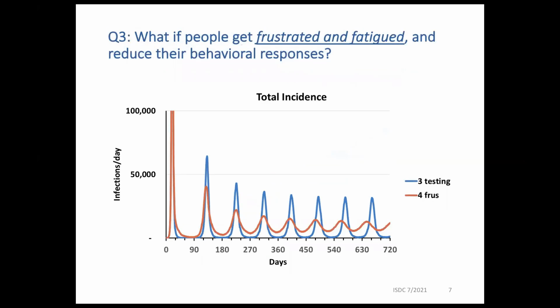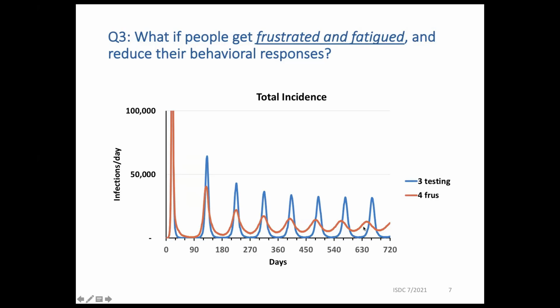In the next scenario, the testing program is still running, but fatigue and frustration over time reduce the intensity of people's behavioral responses. Just like in the previous slides, results may seem counterintuitive. In the frustration scenario, in red, the peaks are so much lower, and the amplitudes of the waves of infections is also smaller.